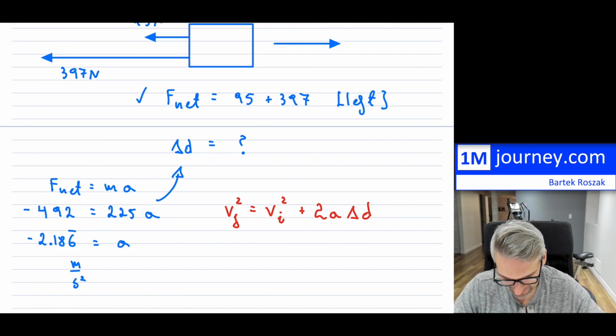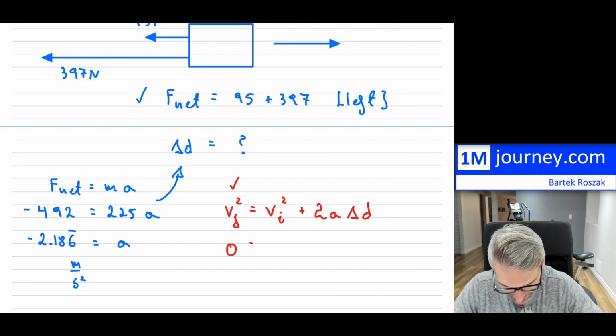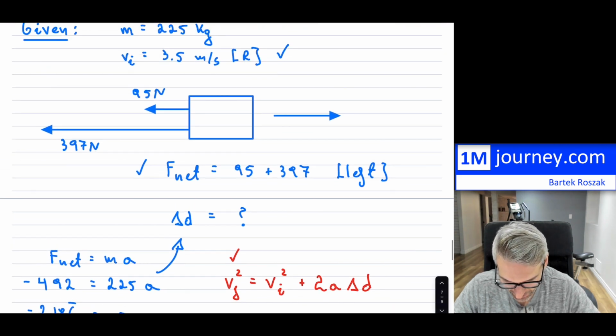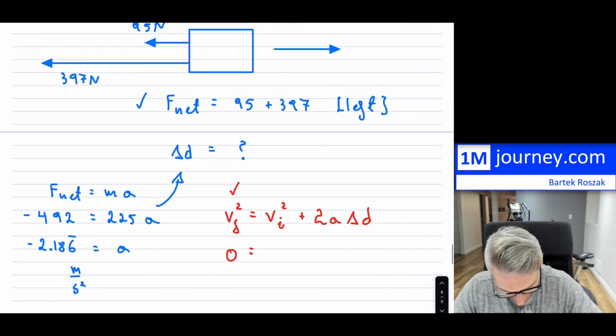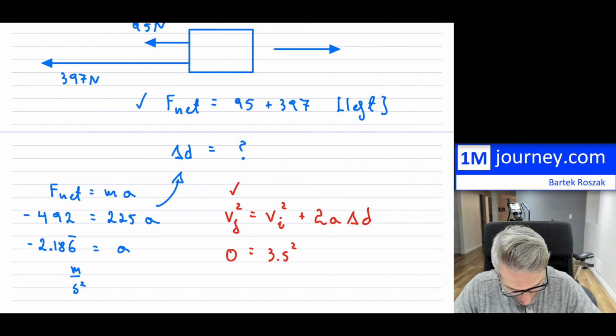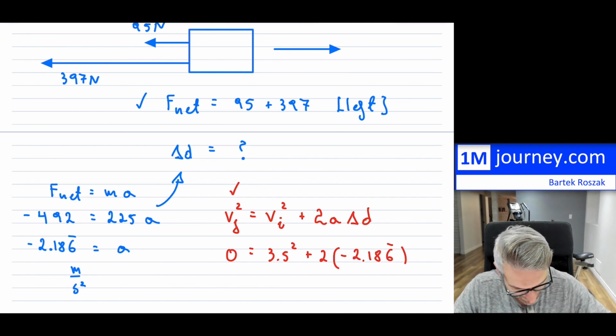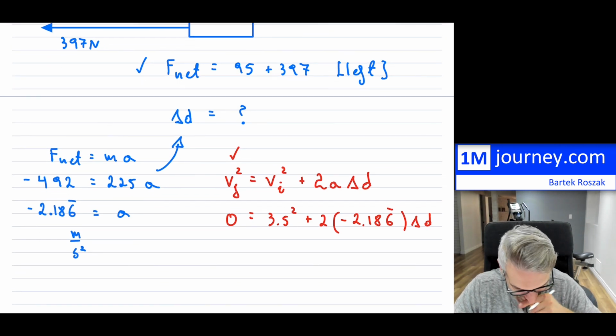My V final is 0 because we're going to stop. My initial is 3.5 squared, plus 2 times negative 2.186, etc., times delta D.